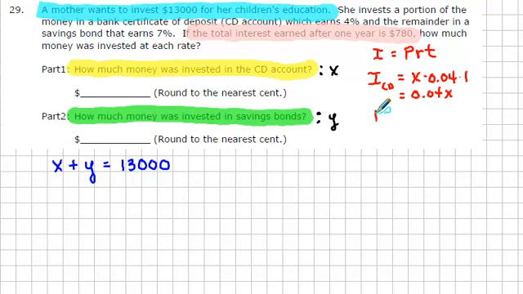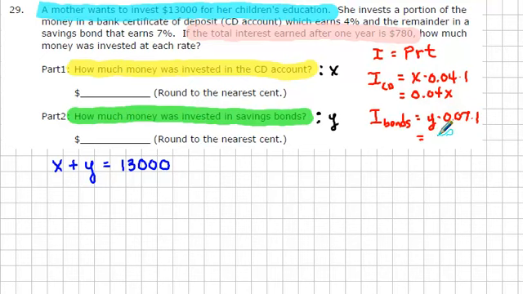Similarly, the interest earned from savings bonds is equal to the principal, which is Y, times the interest rate, 7%, expressed as a decimal, times the amount of time, which is 1 year.